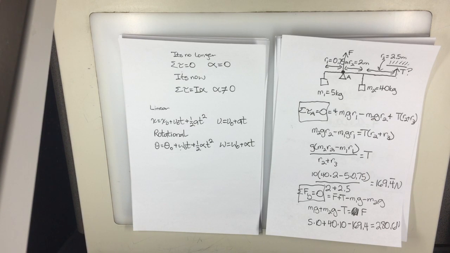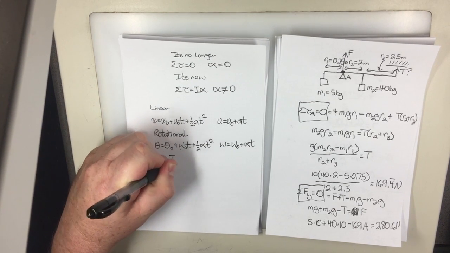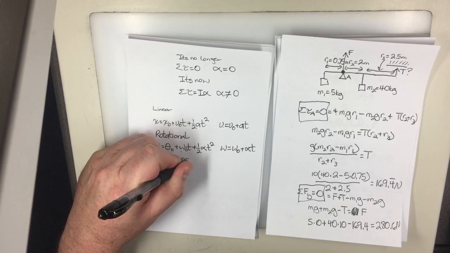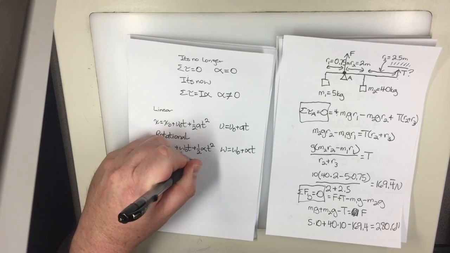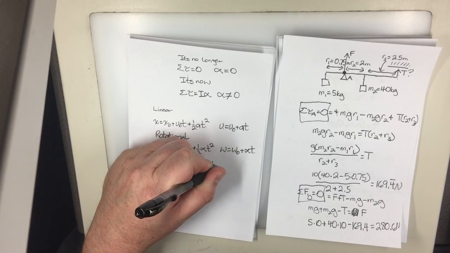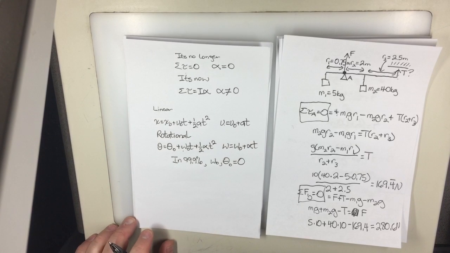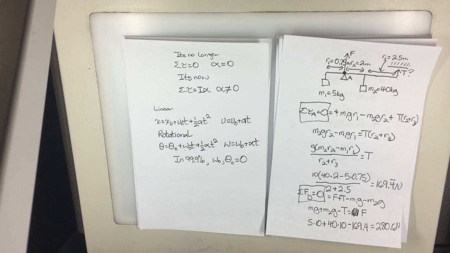The thing that happens in most of these problems, if not all, is that in 99.9% of all cases, omega naught and theta naught are both zero. The initial rotation is zero, and the initial position of the angle is also zero.